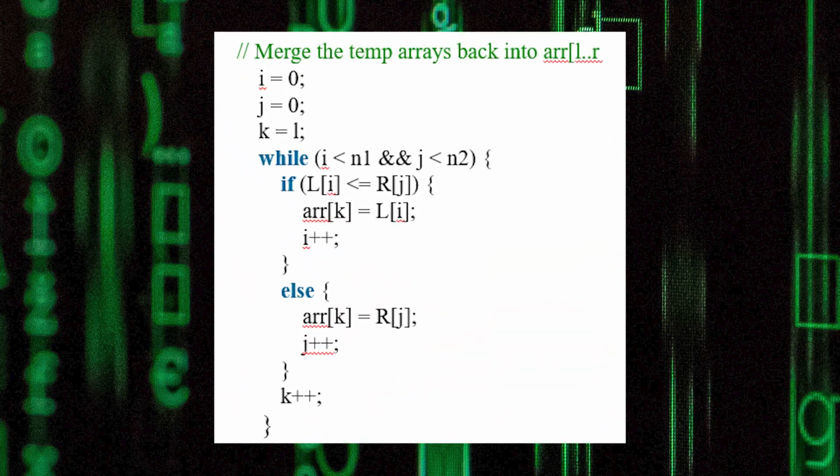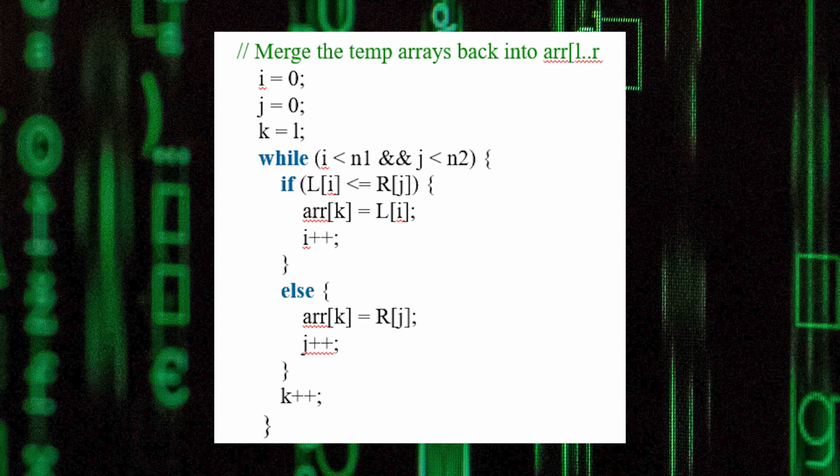This is the function to merge the temporary arrays back into an array. In the previous part we have seen that the divided sub array is transferred to the temporary arrays L and R. Here i is initialized with 0, j is initialized with 0 and k is initialized with l.